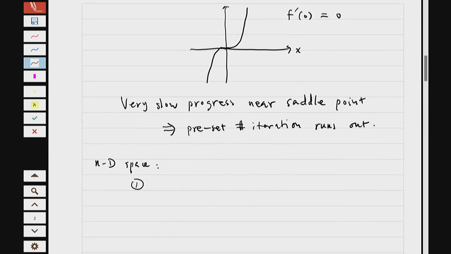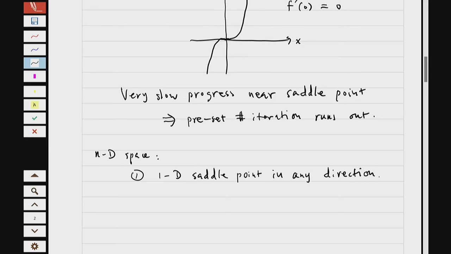Well, one kind of saddle point is that we have a one-dimensional saddle point in any direction, then we define that as a saddle point for our problem.